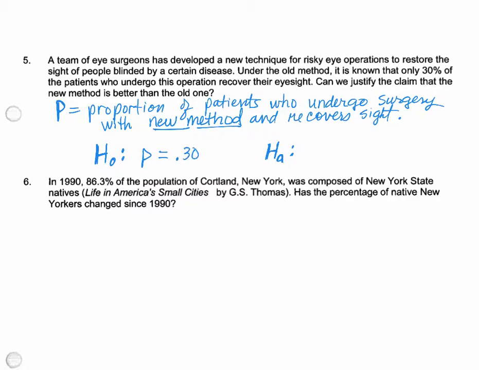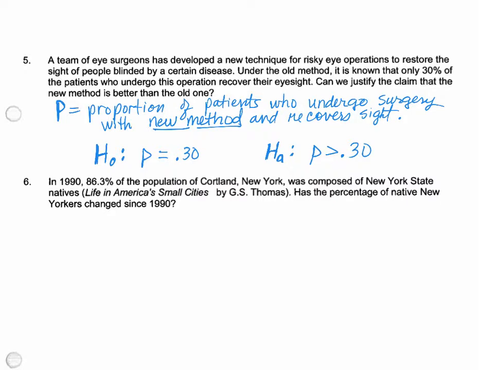So essentially I'm saying right there, hey, let's say the new surgery is equally as good as the old. That's what we're going to start with, unless you can prove to me that it is actually what? Better. Okay, so the null hypothesis is it's the same as the old one. The alternative is that it is greater than 30% of the patients, significantly more, gain their eyesight back.